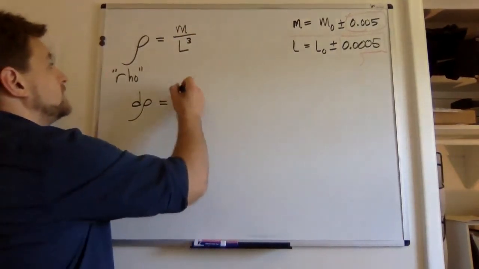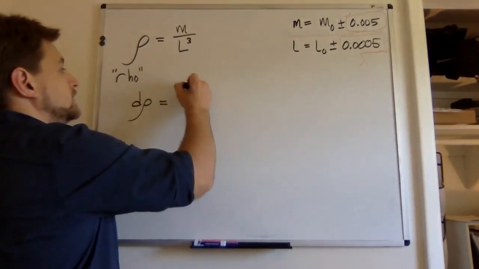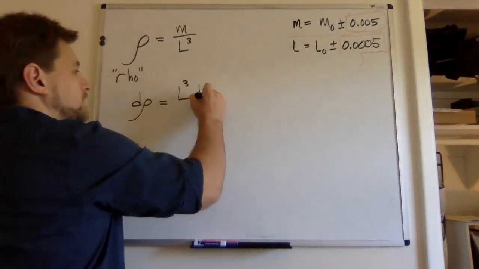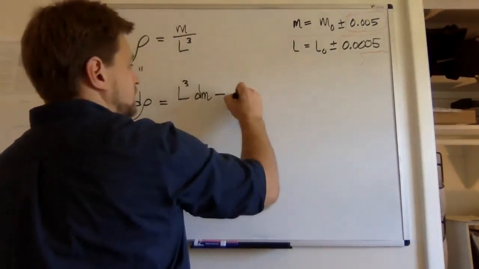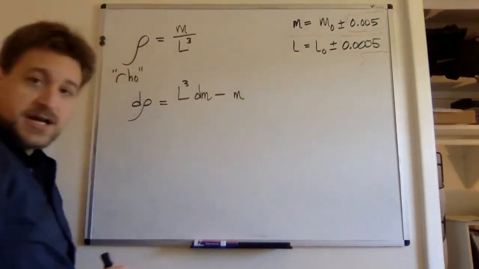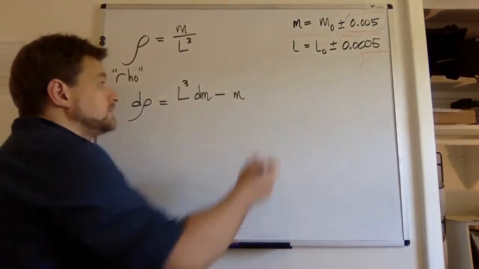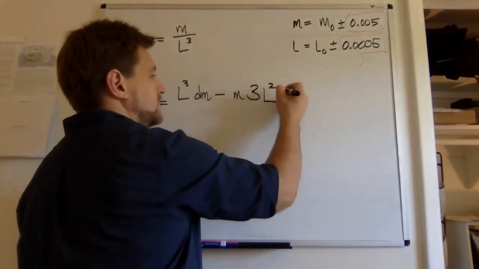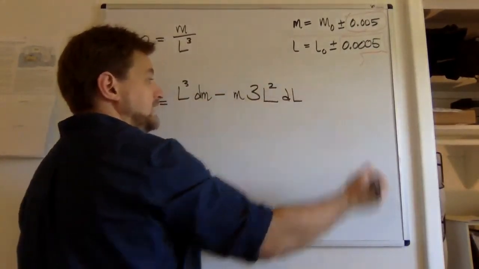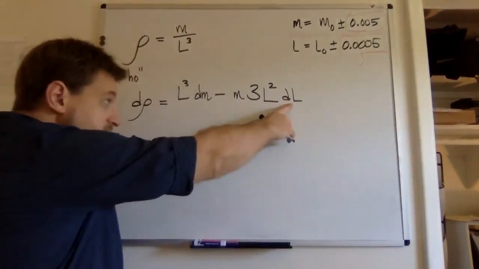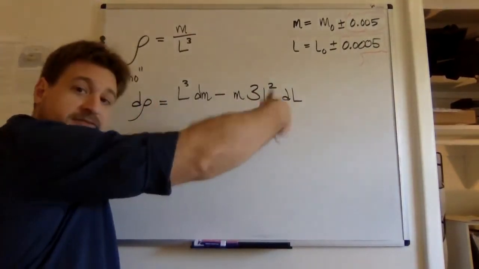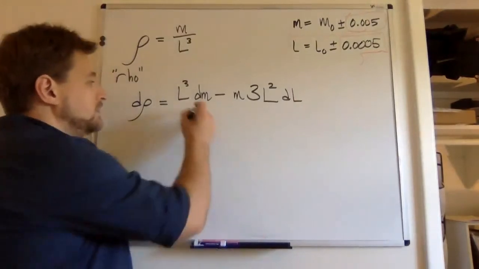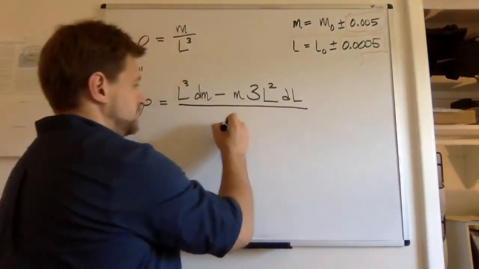Okay, so now we say, bottom times derivative of the top minus the top times the derivative of the bottom. And to do that, we need the chain rule. 3 comes down, and then L squared dL, because we're pretending that L is a function of some other variable. Then divide by the bottom squared.